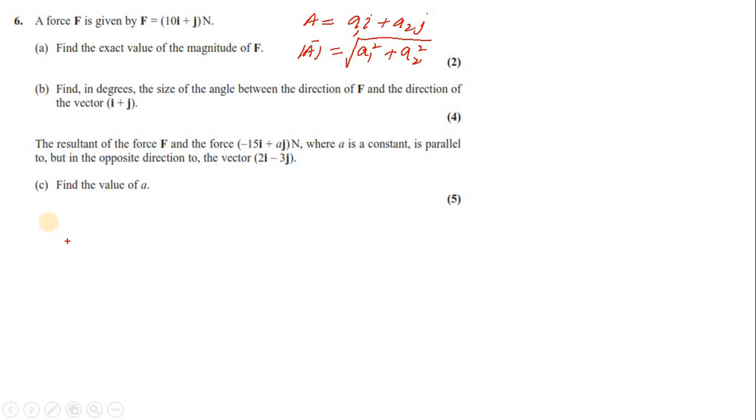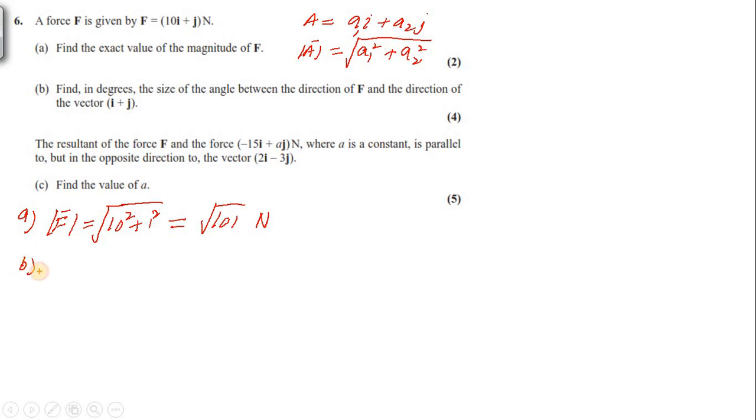So solution A will be the magnitude of F. So magnitude of F will be equal to the square root of 10 squared plus 1 squared. This is 100 plus 1, that means root 101 Newton. This is the magnitude.